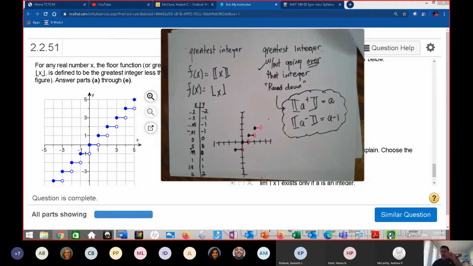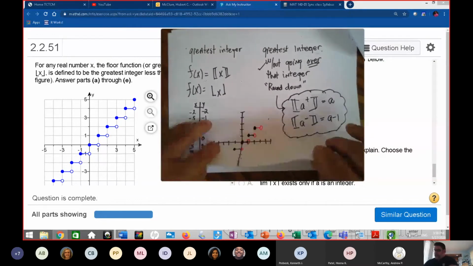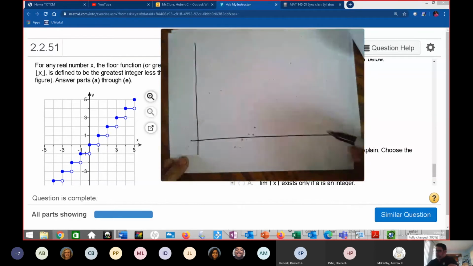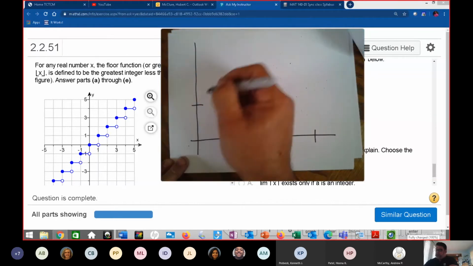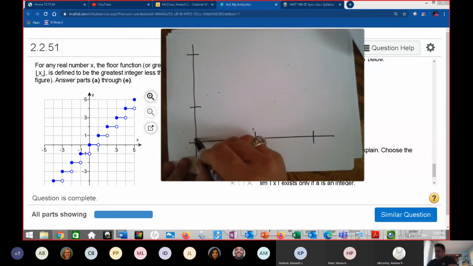Okay? Now, here's the part that you need to see. I'm going to draw a picture right here, and we're just going to go 1, 2, 1, 2. And I'm going to draw a big graph there.